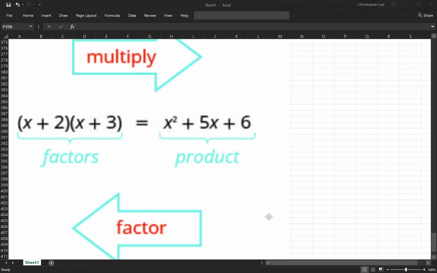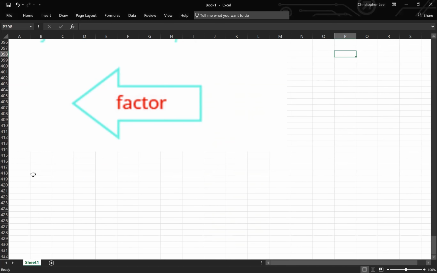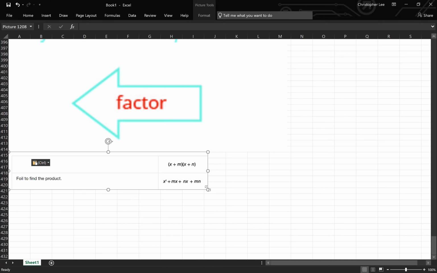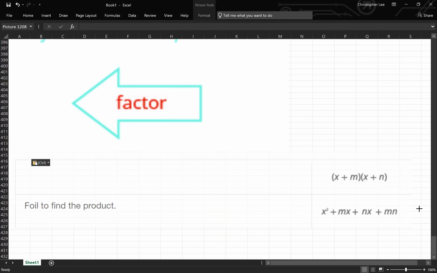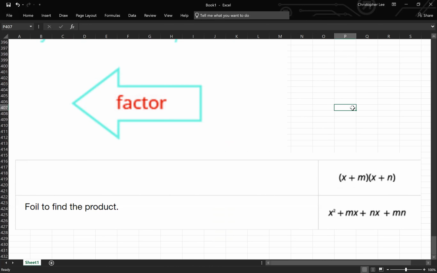The method that we're about to do right now is called the AC method. But before we get to that, let me build y'all up with some knowledge real quick. For the factors, let's say I have x plus m times x plus n.